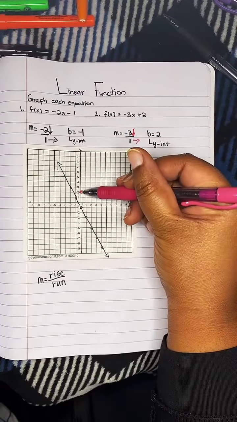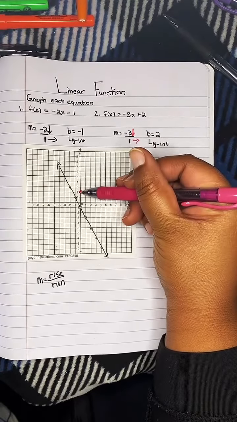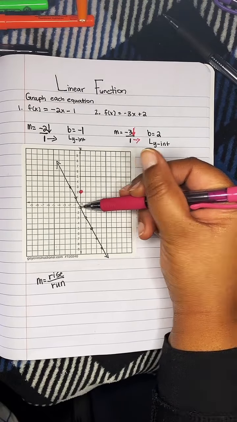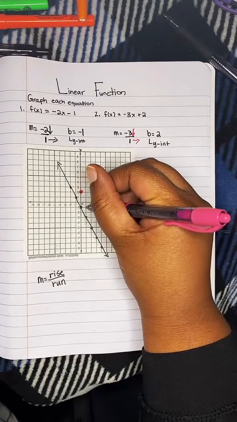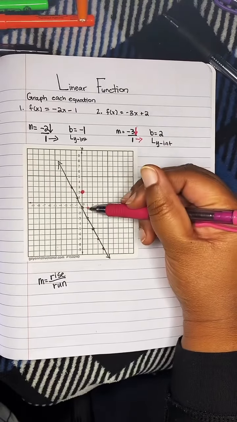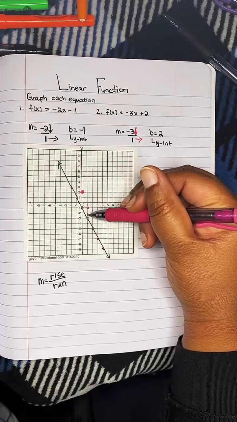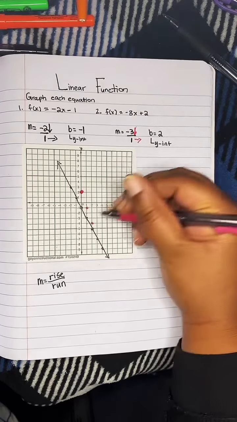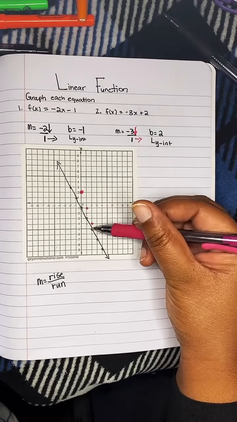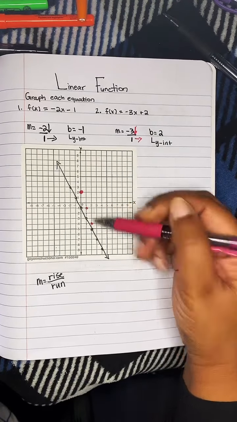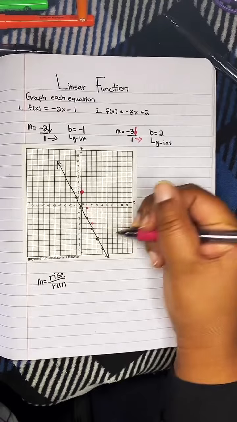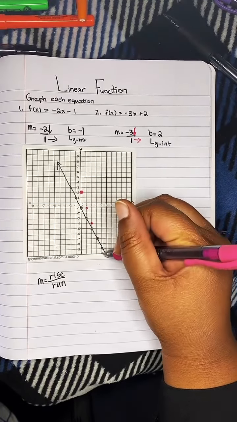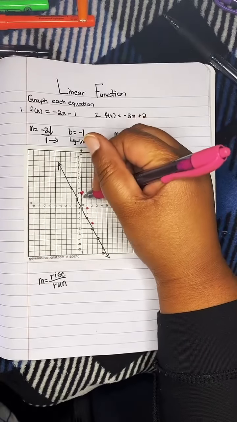So from this first point, I go 1, 2, 3 down and over to the positive 1. Then again, down 3 over 1, and again. Ooh, they intersect right there. And then go down 3 over 1.